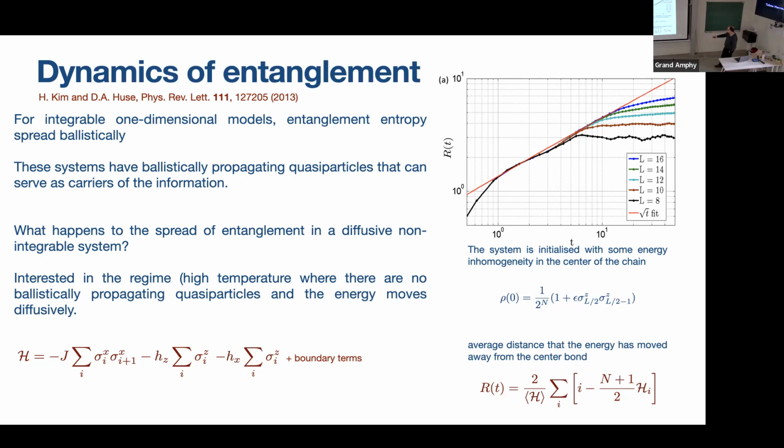The square parenthesis should be inside, okay? So they compute this, i minus (n plus 1) over 2 times the energy. If you assume that the average Hamiltonian, the average energy, spreads like an exponential, then you see that this R is just this length. They plotted R of t as a function of time, and they saw that the energy spreads with a length which goes like the square root of t.